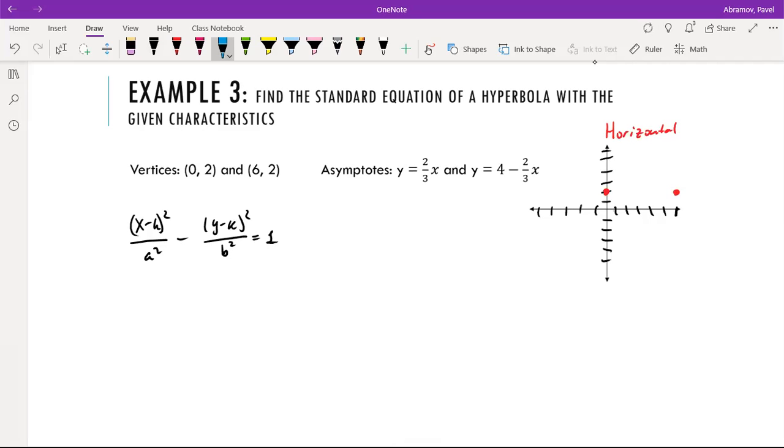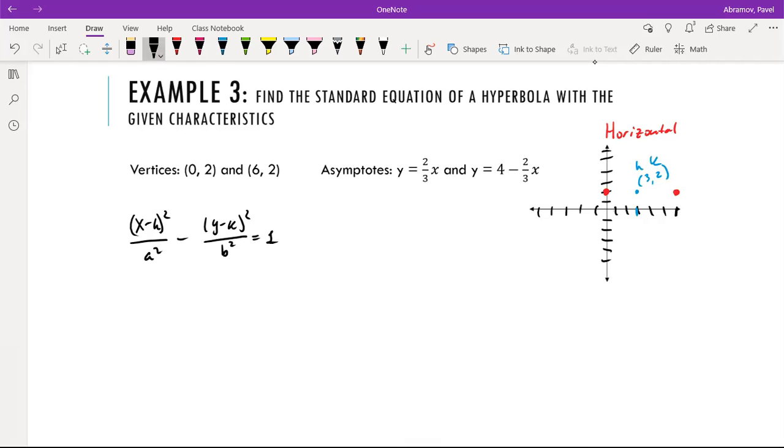You can use the midpoint formula if you need to, but in reality, we can see that the midpoint in this case is going to be at, sorry, (3, 2) of course. So the x coordinate is 3, and the y coordinate is 2. This is our h and k.